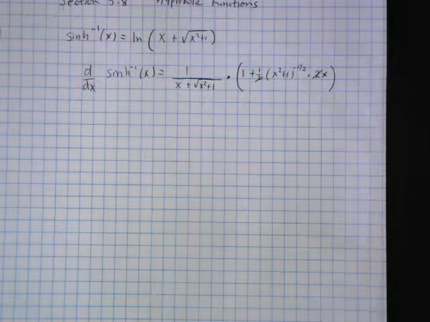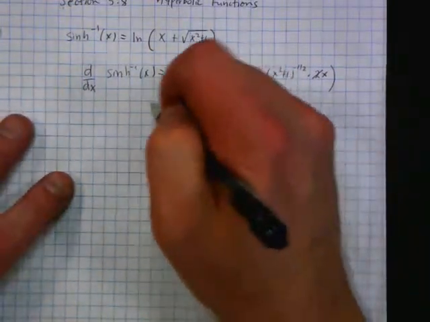Any other good ideas? Would it be x squared plus 1 to the negative 1/2 and then the rest on the bottom? Not quite, but you're on the right track though.